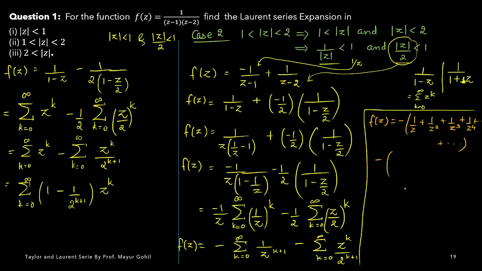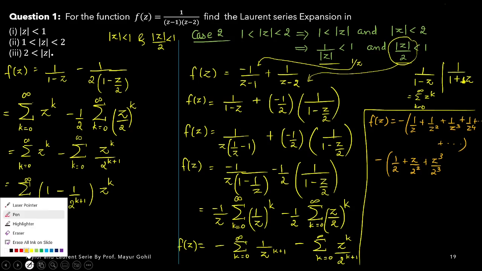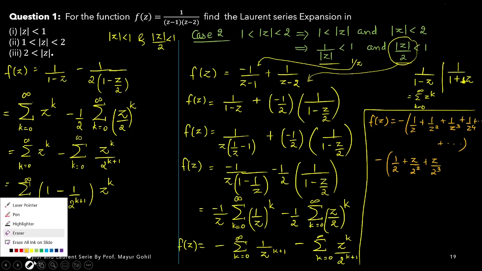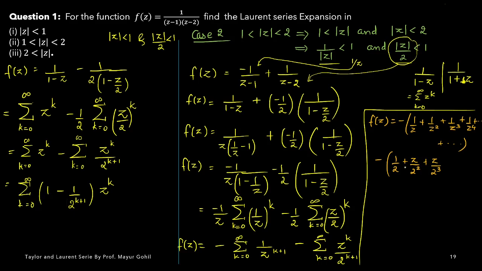So when you put 0 over here, you will have 1 upon 2, then you will have z over 2 square, then here you will have z square, and then there will be z raised to 3 over 2 raised to 4, and like that. So this expansion we got.